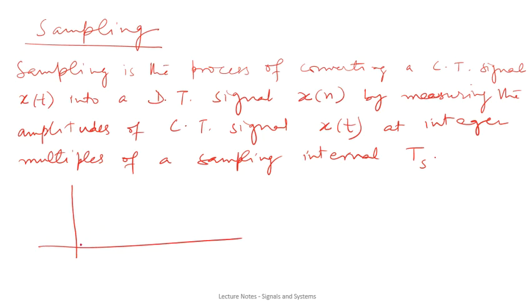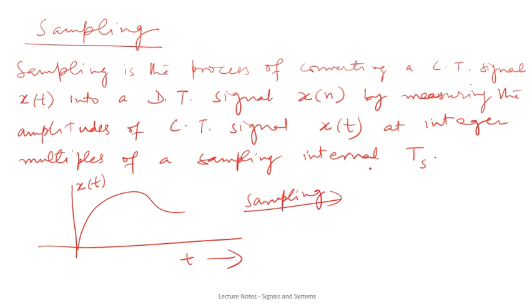Okay, now if I just show it in graphical form, let us assume that this is any continuous time signal. It is represented as x(t), t is its variable. With the help of sampling, this continuous time signal can be converted into a discrete time signal in this form. Let me just first draw.